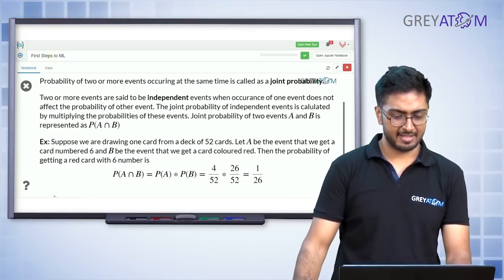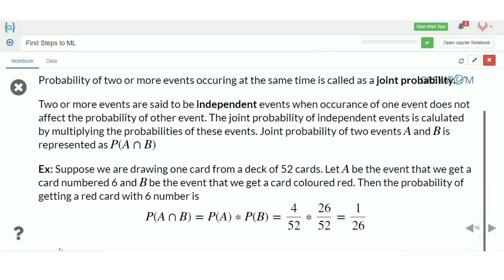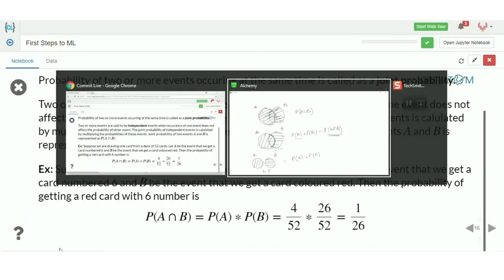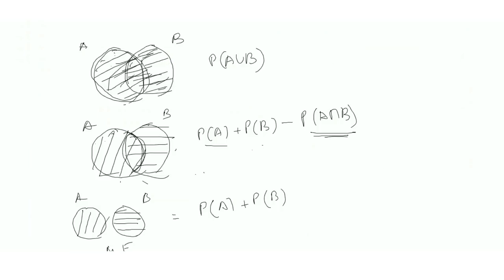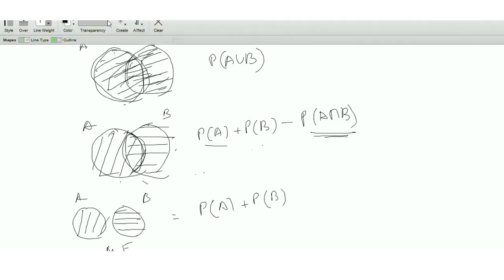So now let's consider this event. Suppose we are drawing one card from a deck of 52 cards. Before we go there, I want to write down the concept behind independent events. Independent events are those events where the occurrence of one is not dependent on the other.